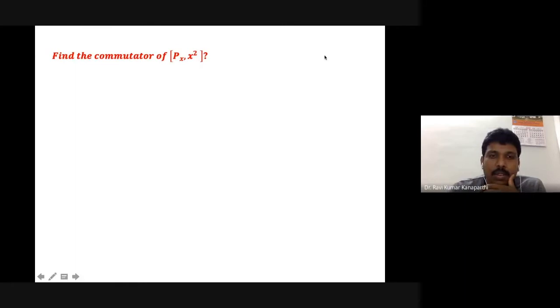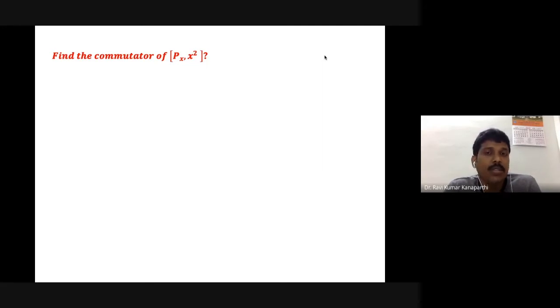Okay. From the CSIR point of view, many questions on the commutation property used to be asked. So be prepared and try to do it. Now I will give an example with px, the x component of the momentum, and x square.